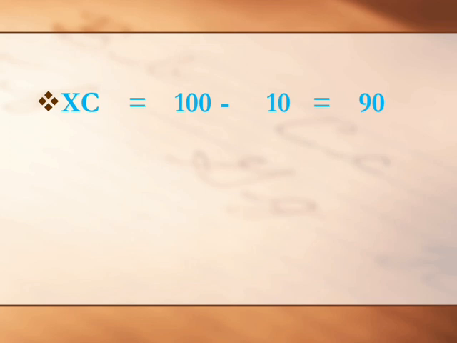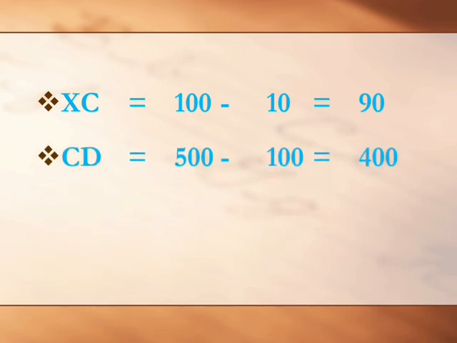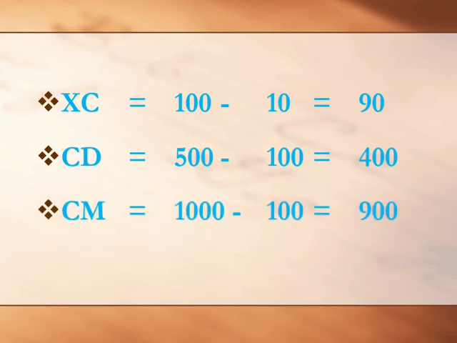Here 100 minus 10. So XC represents 90. CD, that means 500 minus 100, and that means it represents 400. Next we have CM, that is 1000 minus 100. That means it represents 900.